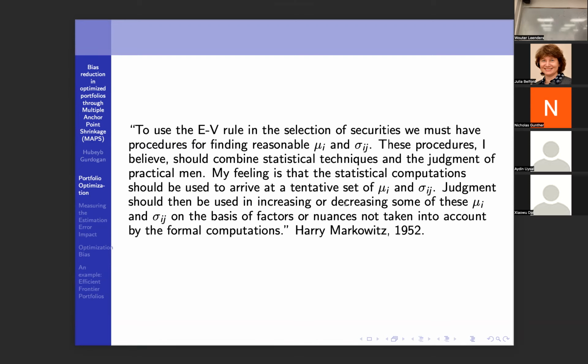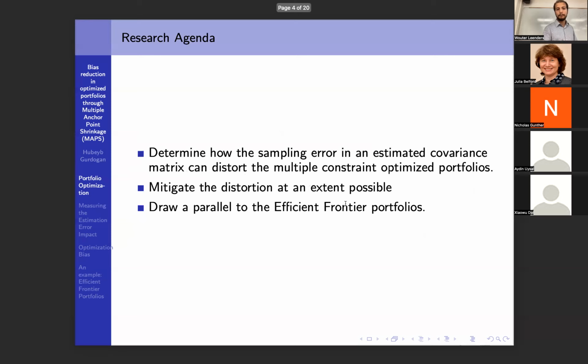He says we should use statistical measures to come up with an initial estimate, and then work on the entries of the covariance matrix through domain knowledge. This hints at many other estimators in this area of research that start with a prior and then shrink that prior towards a target point determined by domain knowledge. That is what we will do in the setting of more than one constraint.